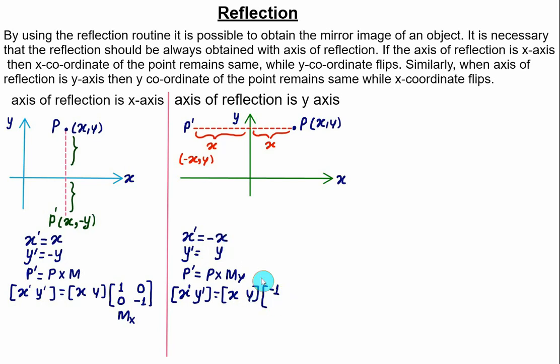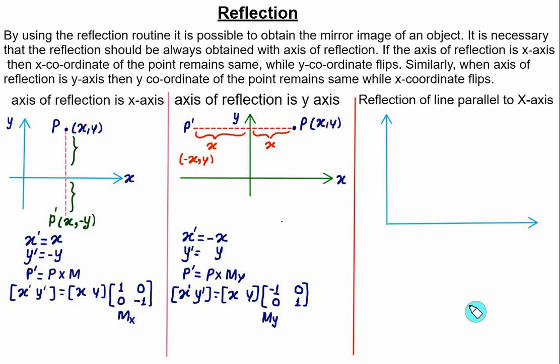The y contribution is 0. Y prime is not changed, so the x contribution is 0, and y prime is the same as y, so you have to make it equal to 1. So this one is the mirror matrix when the reflection is taking place about the y-axis.